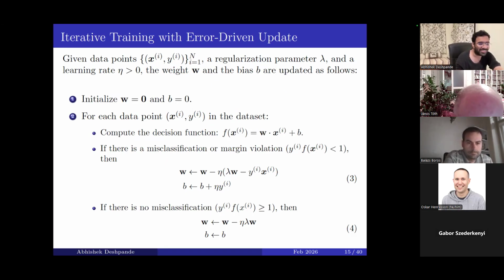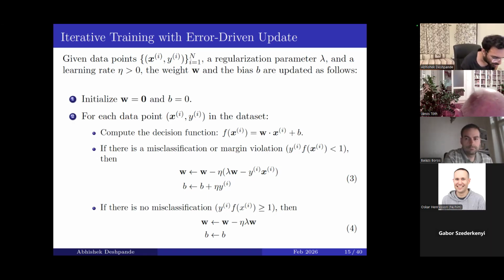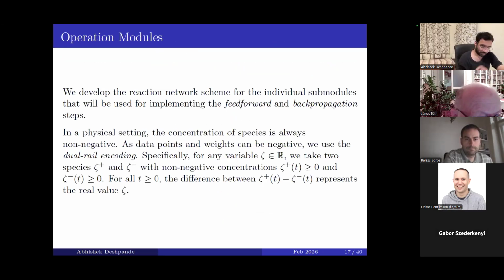But what we are interested in doing is molecular computation. The question is, can you design a reaction network that does this for you, right? So without having to write a C program, without having to write any program in any programming language, can you cook up chemistry that automatically does this for you? So this is what we are going to focus on in the next part of the talk.